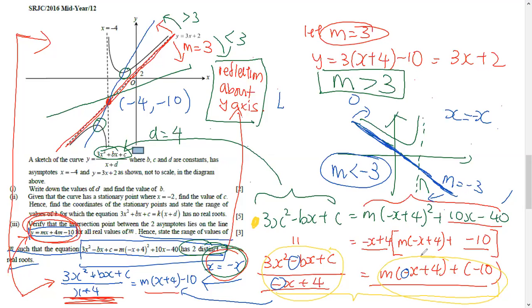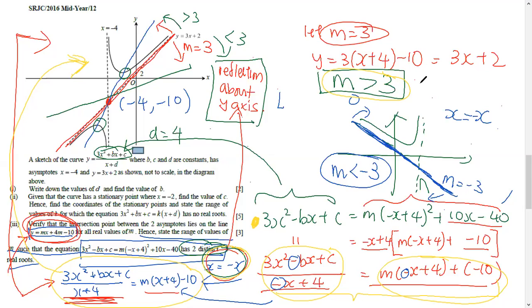But we do not have these two graphs. Therefore, we made a reflection about the y-axis to get to this point. So when we made a reflection to get to this point, the analysis becomes that of this graph. Based on the analysis of this graph, to have at least two intersections, m must be more than 3.